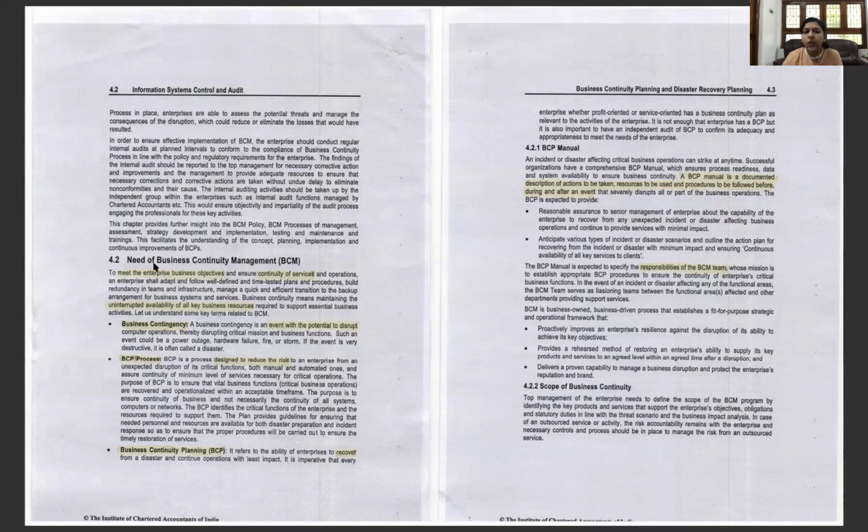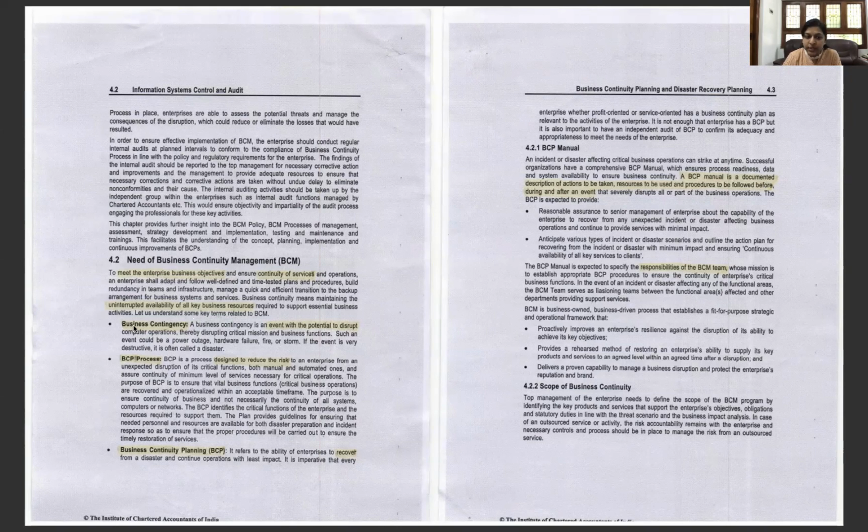So, why do we need business continuity management? Because it helps us to meet the enterprise business objectives and to ensure continuity of services. That is, the services are available 24/7. Let us understand some of the key terms related to BCM.